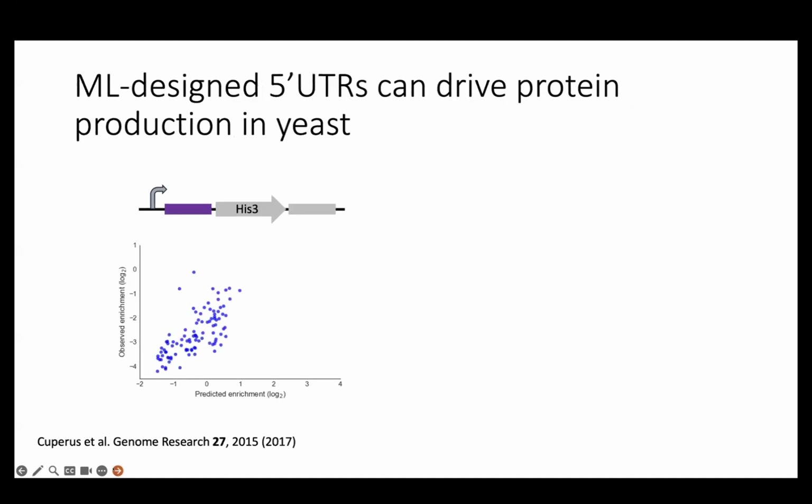And I just want to say that even this very naive stochastic search or in silico evolution type of approach actually works quite well. So in 2017, that was the first time we used this sort of approach of doing high throughput assays together with convolutional neural networks and generative algorithms to make synthetic sequences. We did something similar to the experiment I described with human 5' UTRs, but in yeast. What you're seeing here is about 100 different 5' UTRs, for which we measured their fitness in yeast, and we also had a model that predicted the fitness.